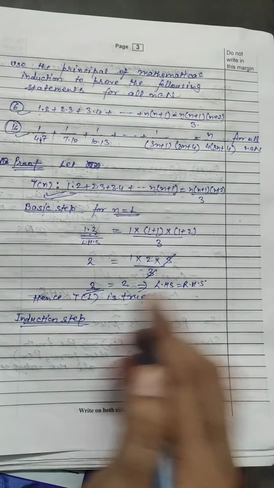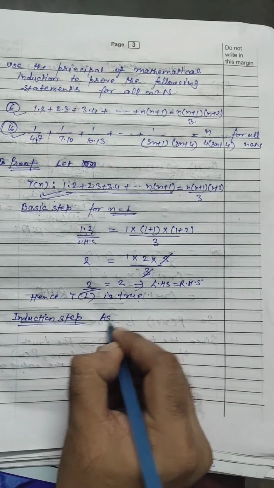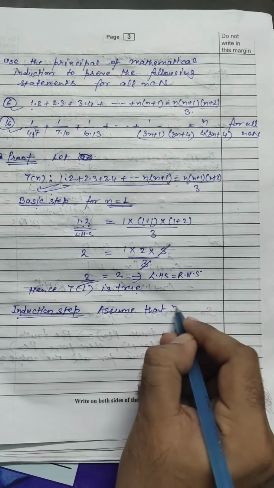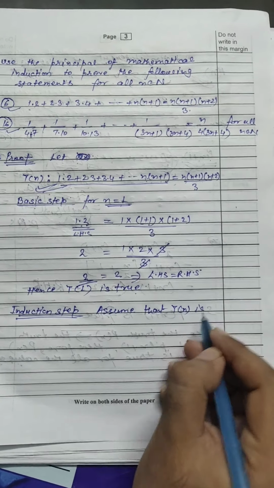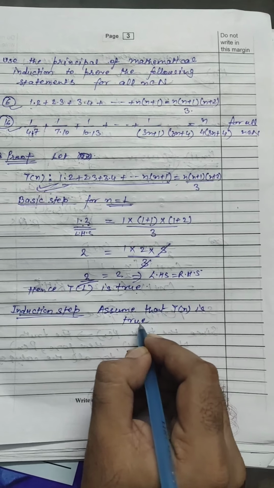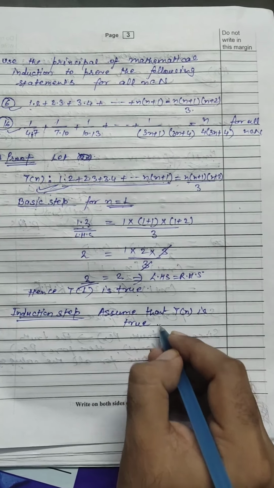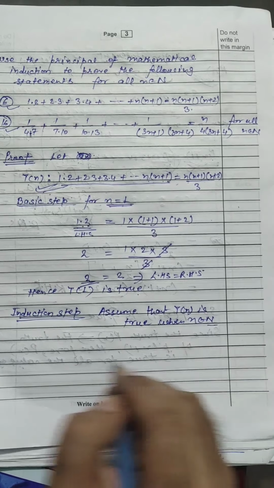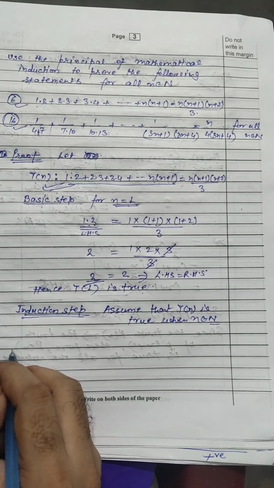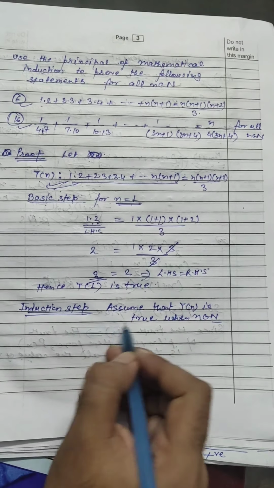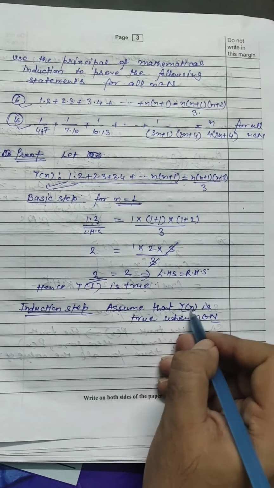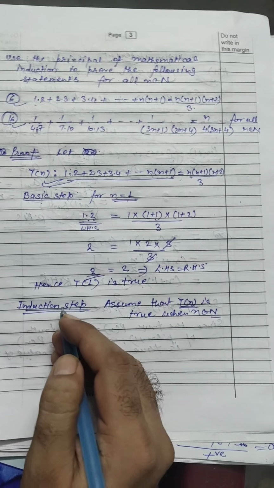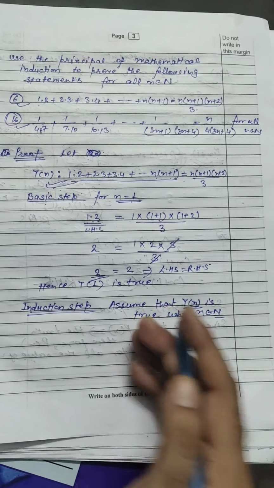Okay, so assume that Tn is true, where n is a natural number. So now, if this is true, as we are assuming that it is true, we will now prove that T of n plus 1 is also true.